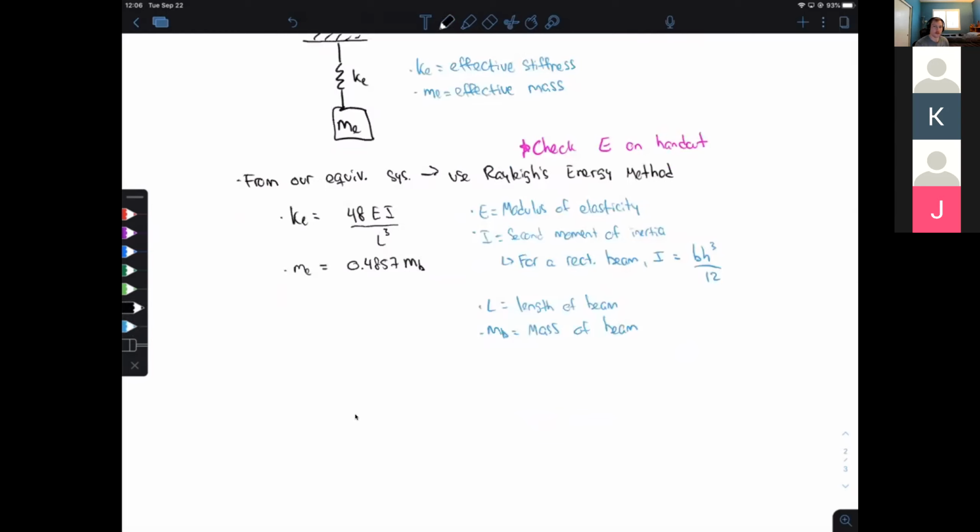Okay, so like I said earlier, for our system we're going to be adding on additional mass to the beam. Right now we've only been talking about the mass of the beam itself, but for the lab, we're going to add on additional mass to the center of the beam, so we can look at a range of resonance frequencies.